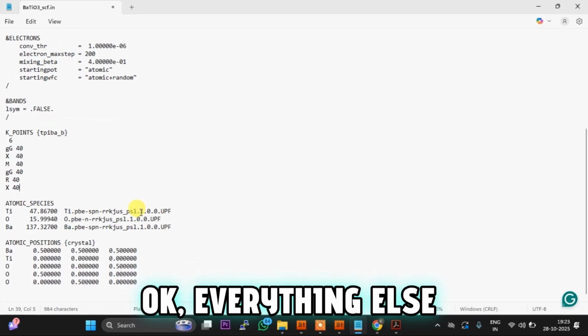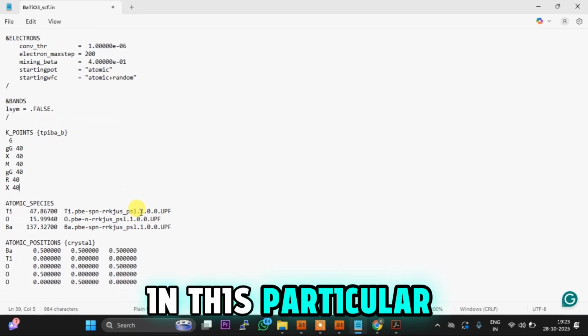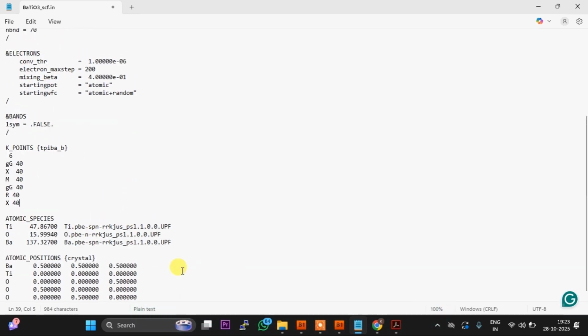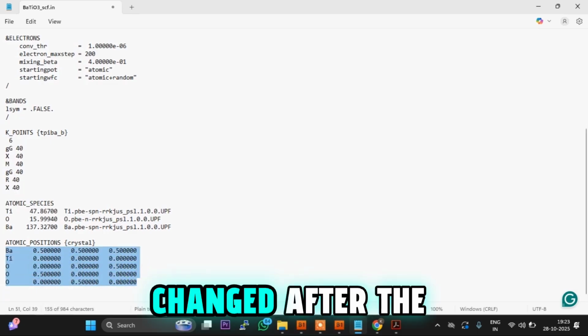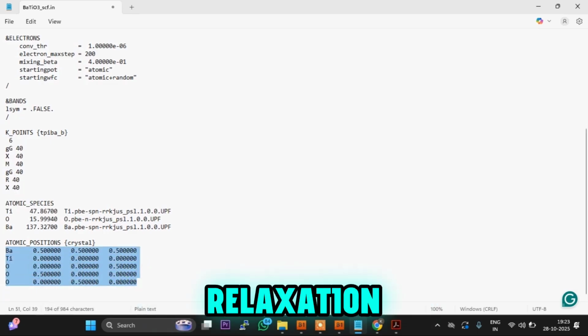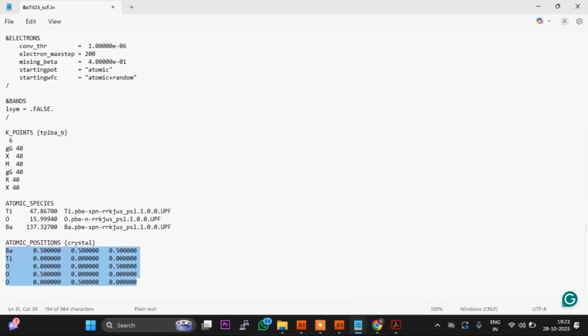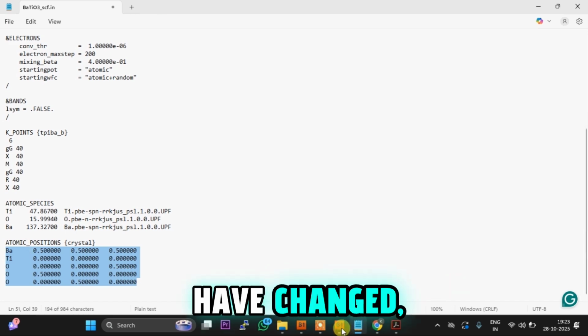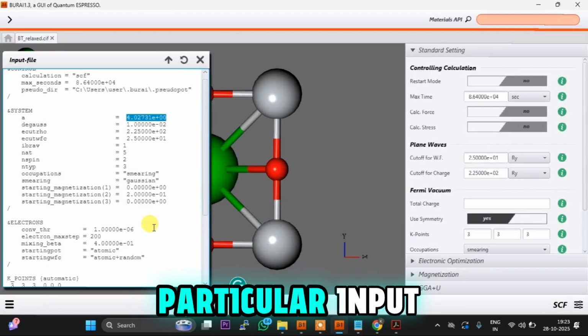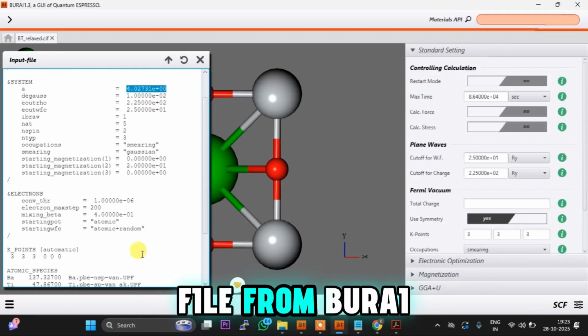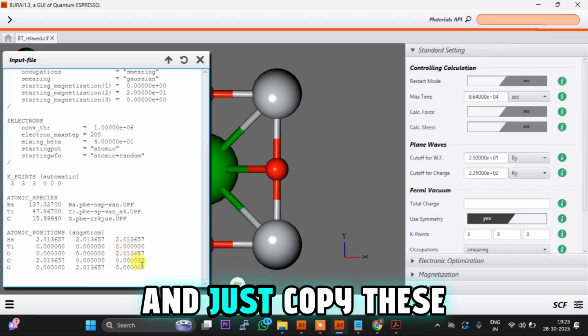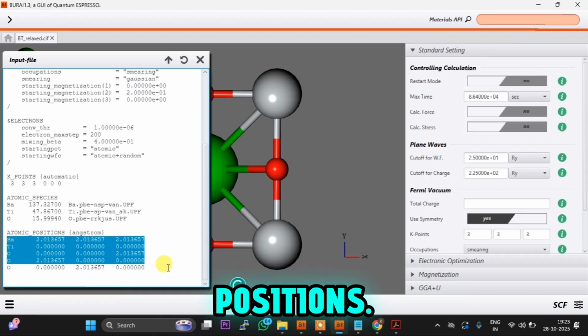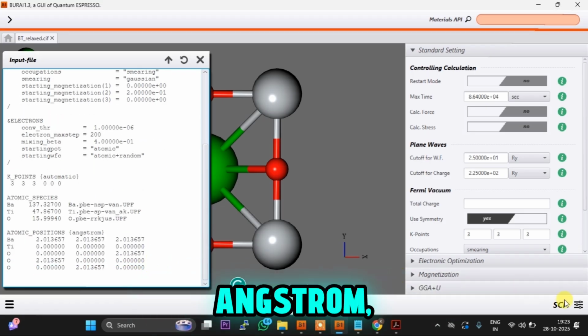Everything else will remain the same in this calculation because atomic positions have not changed after the relaxation calculation, since it was cubic. If atomic positions have changed, then you go to this input file from Burai and just copy these atomic positions. You see that is in angstrom.